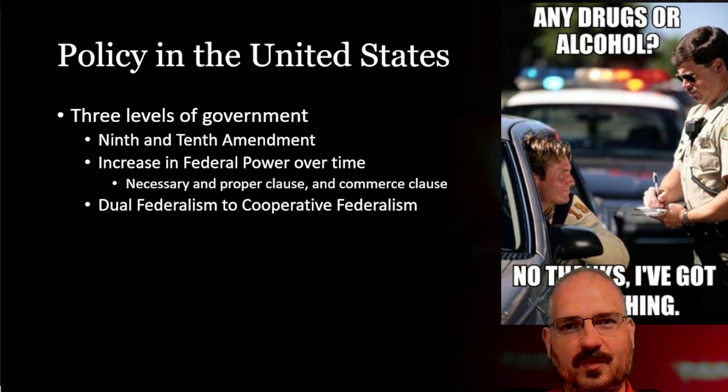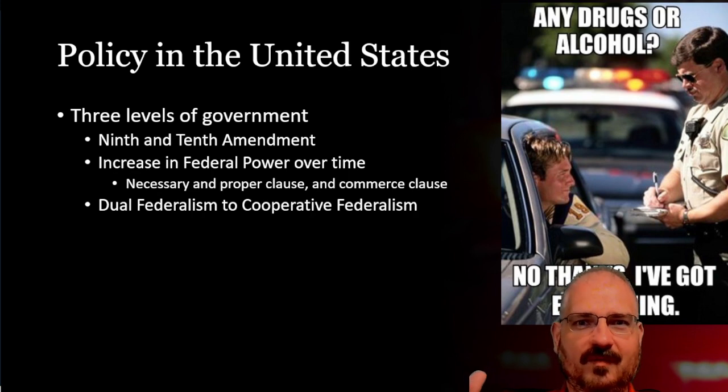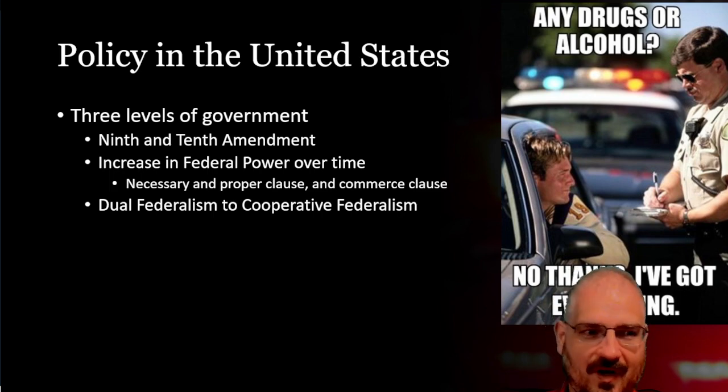But over the course of the 20th century, we've moved much more into this whole idea of cooperative federalism, which means that these different levels of government work together to govern people, to pass laws, to make sure that, you know, crime is down and jobs are up and all those things.